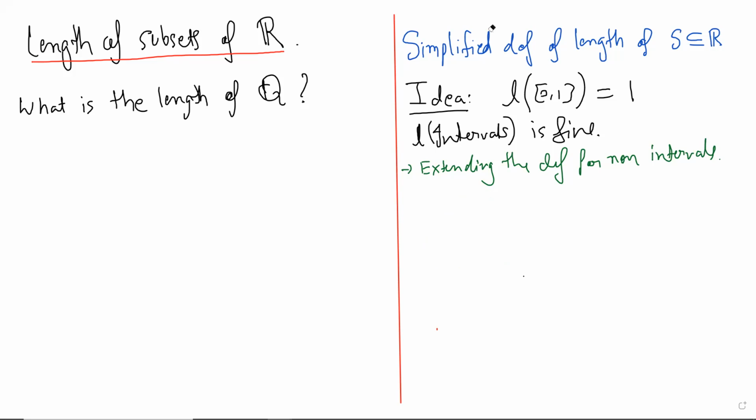So that's the idea we're going to use, approximation. We will take a set and cover it with intervals, and then take the best, smallest cover. So you start with a set and cover it with some intervals.